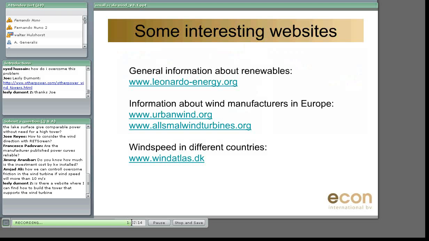So next question is about CDM methodologies for carbon calculations. Well, this is a completely different subject, but I have good news for you.